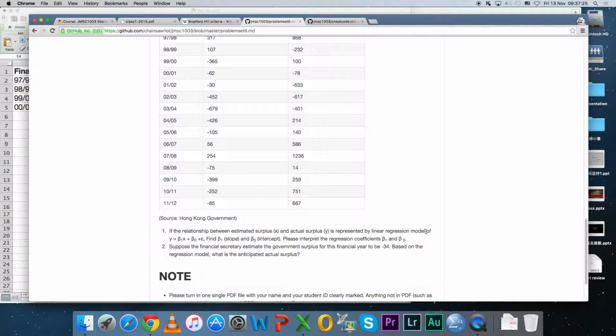And then for each data point, which is each pair of data on that table, we can plot it like this, right? Actually, there should be some data here because sometimes the estimated surplus can be negative.